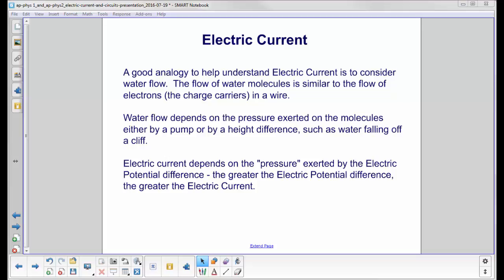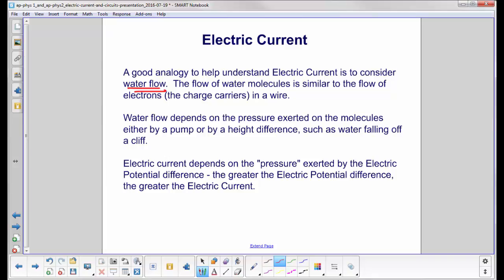So we want to have an analogy here to help us understand it. A good analogy would be thinking about water flow. The flow of water molecules is similar to the flow of electrons, the charge carriers in a wire. It's not exact, this is an analogy, and it doesn't always work, but it's a good way to get going.